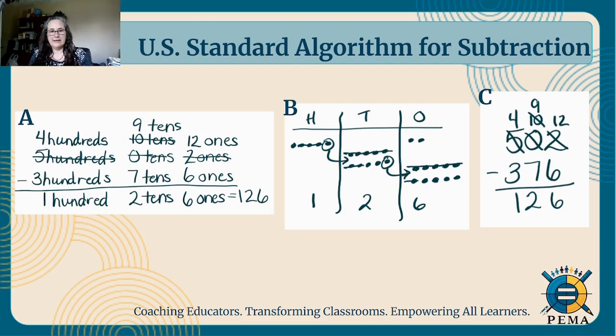We just renamed or decomposed some of those units so that we have the quantities in the places where we need it to subtract. Once we were ready to subtract, 12 ones minus 6 ones is 6 ones, 9 tens minus 7 tens is 2 tens, and 4 hundreds minus 3 hundreds is 100.